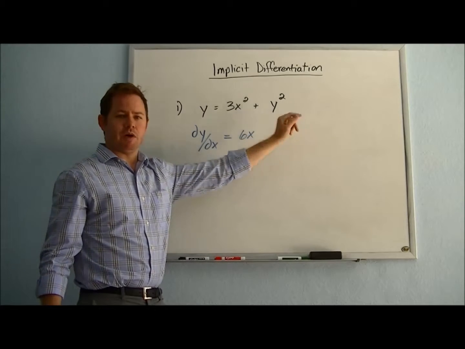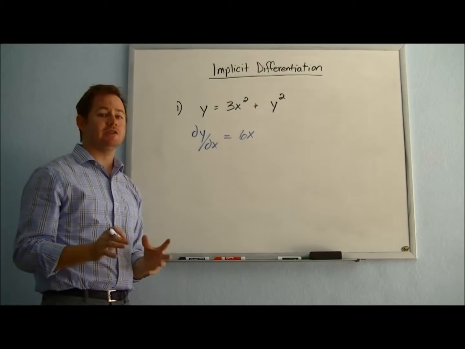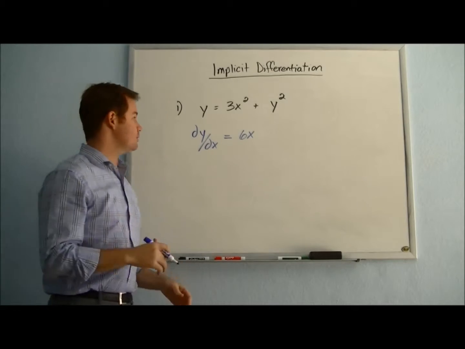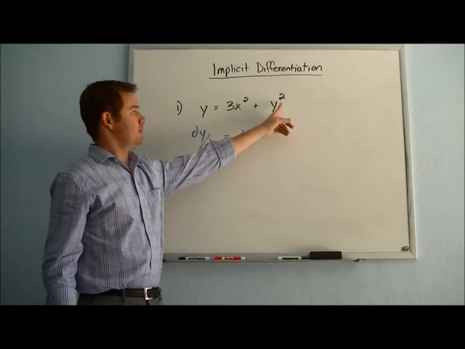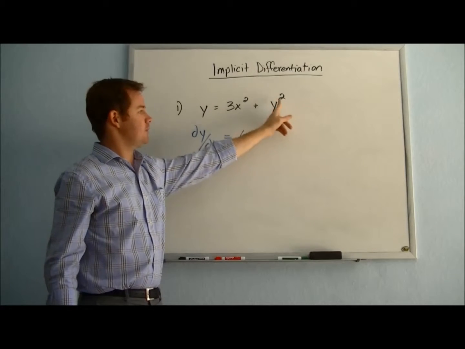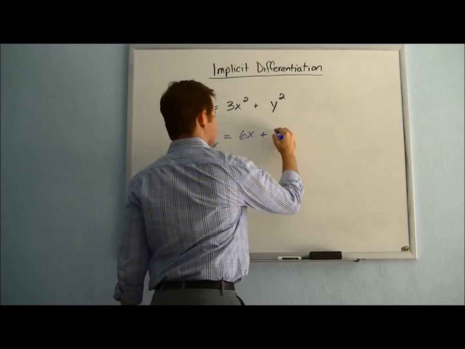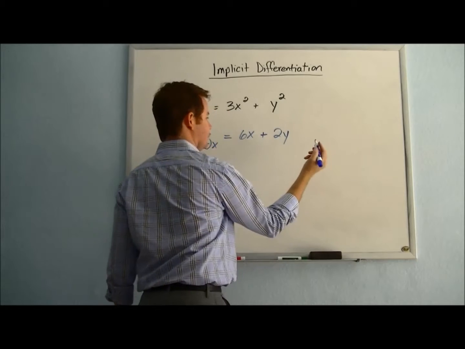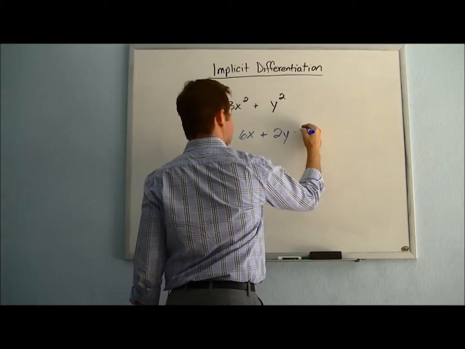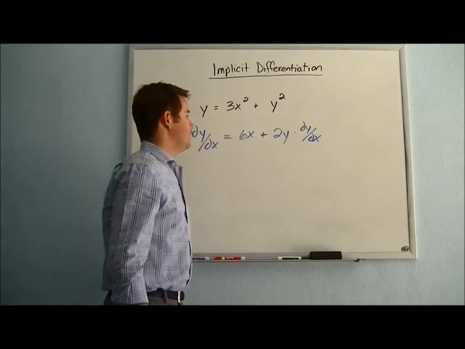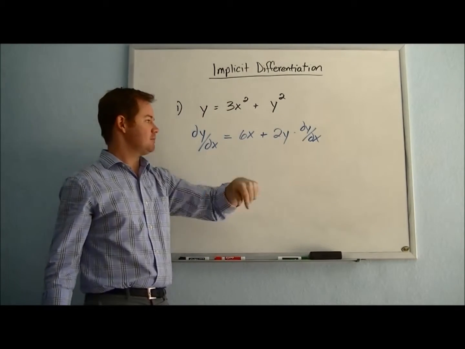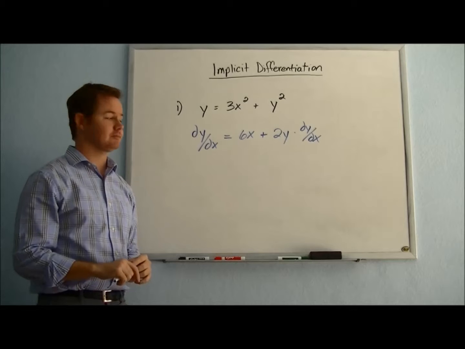But now we have a y squared, and we're going to treat this similarly to how we used chain rule in the previous section, which means we're going to multiply our exponent times our coefficient, giving us a 2y to the first, but then we have to multiply that times the derivative of y, times dy dx.